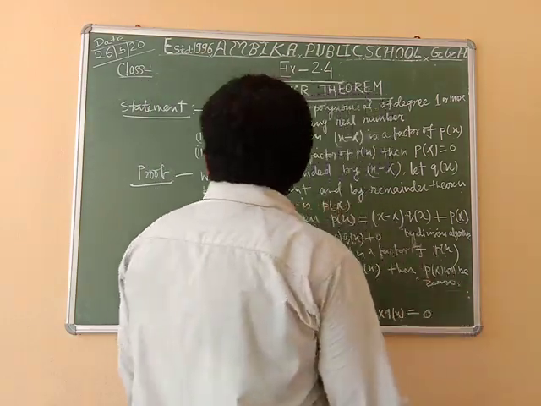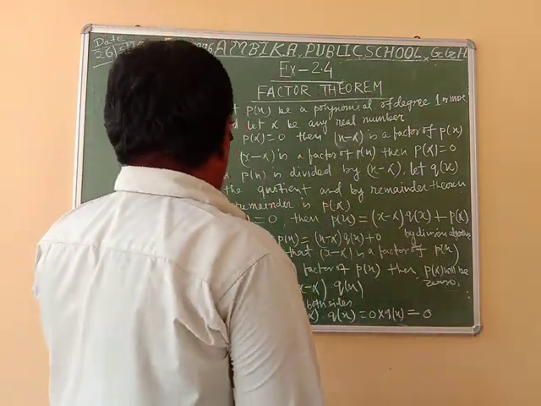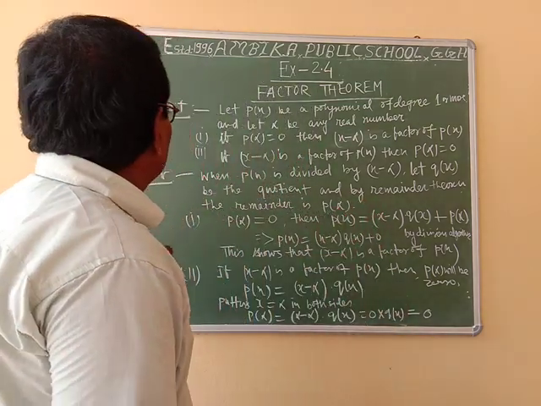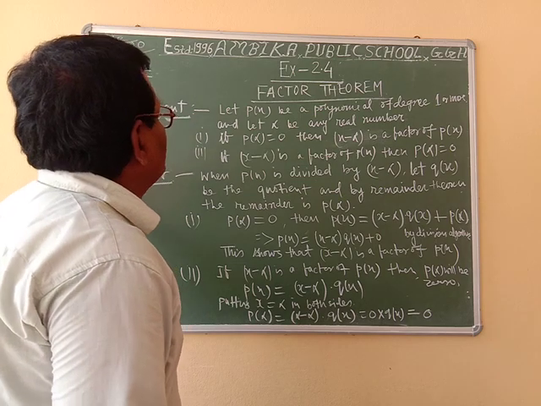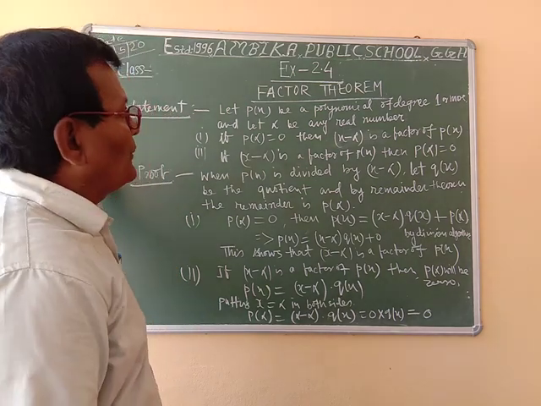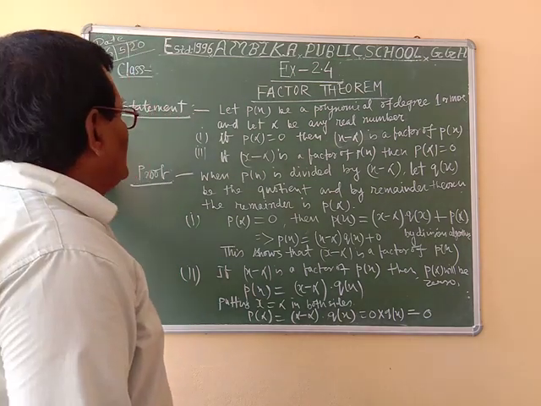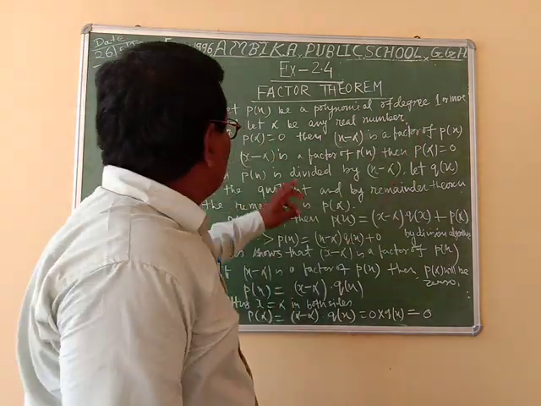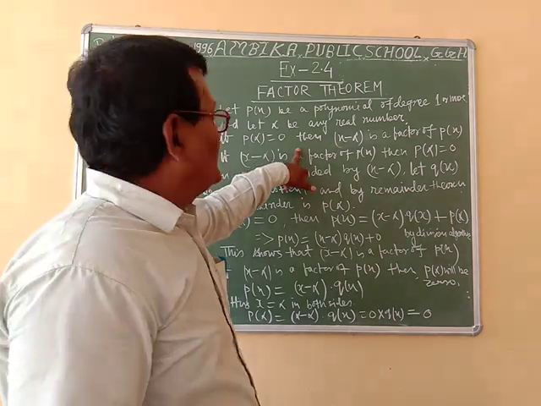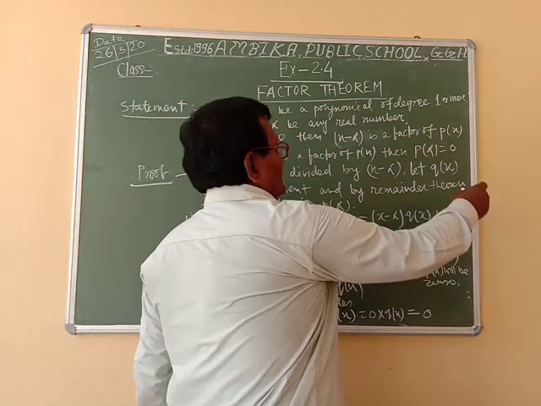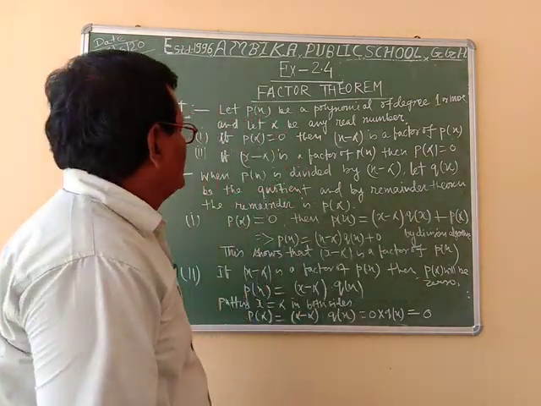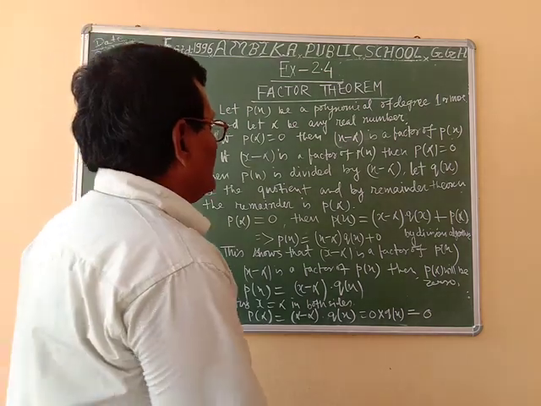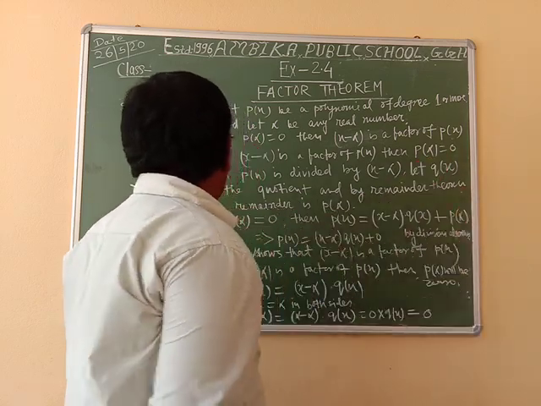Again I am going to prove the factor theorem. It states that let Px be a polynomial of degree 1 or more and let alpha be any real number. If P alpha = 0, then x minus alpha is a factor of Px. And the second part, if x minus alpha is a factor of Px, then P alpha = 0.